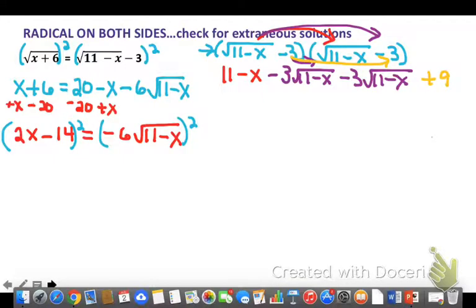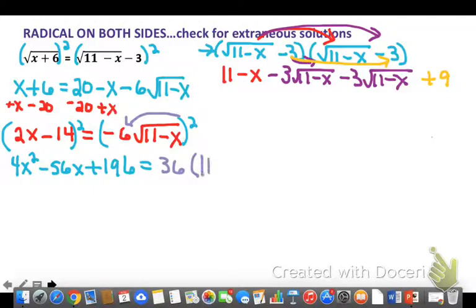We have 2 terms on the left, so that means we have to FOIL 2x minus 14 times 2x minus 14. So it would come out to 4x squared minus 56x plus 196. And then our other side, negative 6 times negative 6 is 36, and then the square root of 11 minus x squared eliminates the radical, so it's 11 minus x in parentheses.